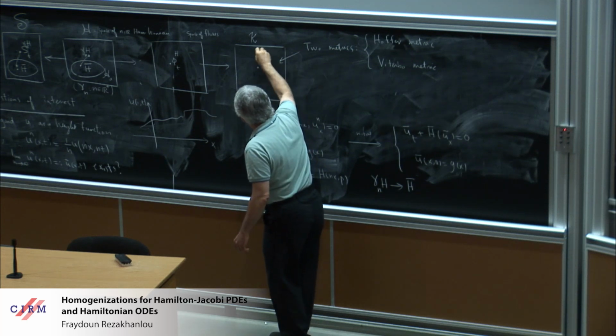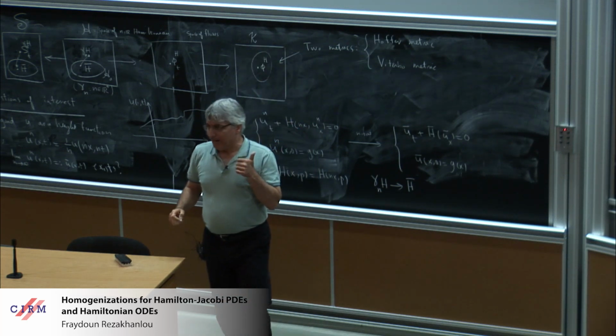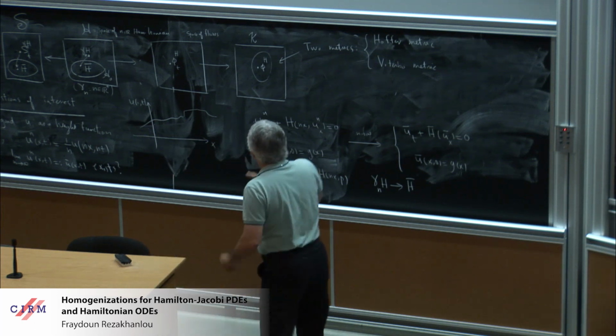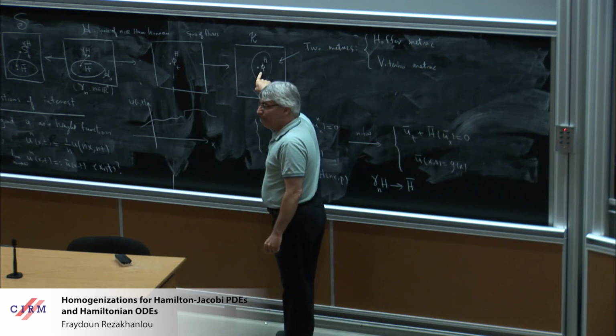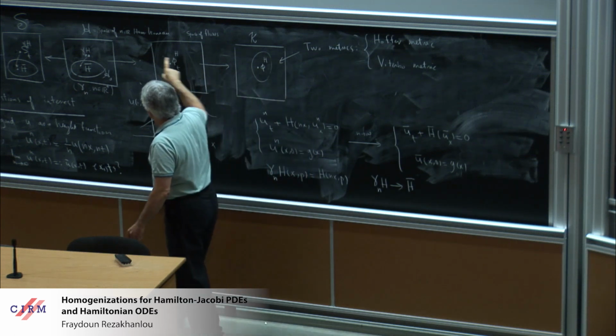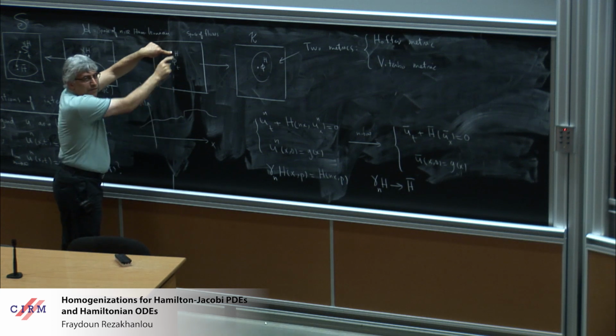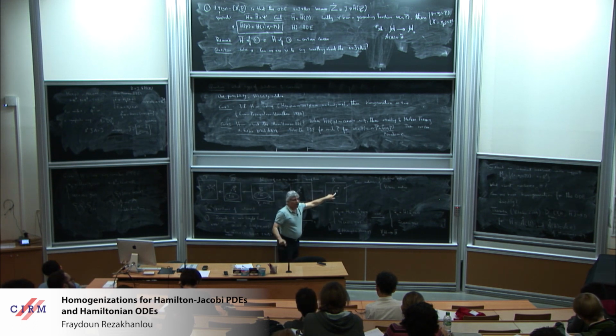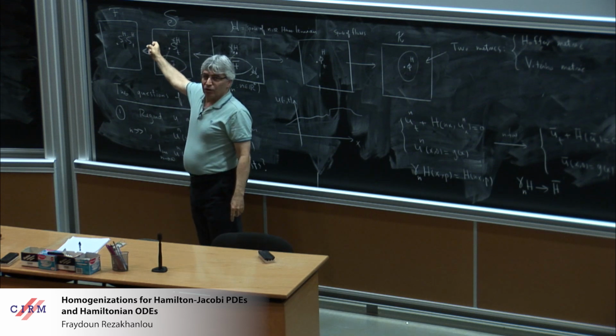So remember this map, this is the time one map of a Hamiltonian ODE associated with Hamiltonian H. Now, you can give me a symplectic map that comes from a different Hamiltonian. If I take the whole flow, then that would uniquely specify the Hamiltonian function. But if I only give you the time one map of the flow, that would not specify the Hamiltonian function uniquely.